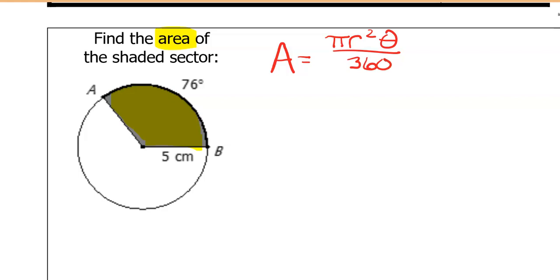It doesn't really matter. But what is important is that I don't use the arc length formula. They're asking me about area, so I need a pi r squared to show up. If I'm talking about sector area, even better, I'll call it SA. But I definitely want pi r squared rather than 2 pi r.